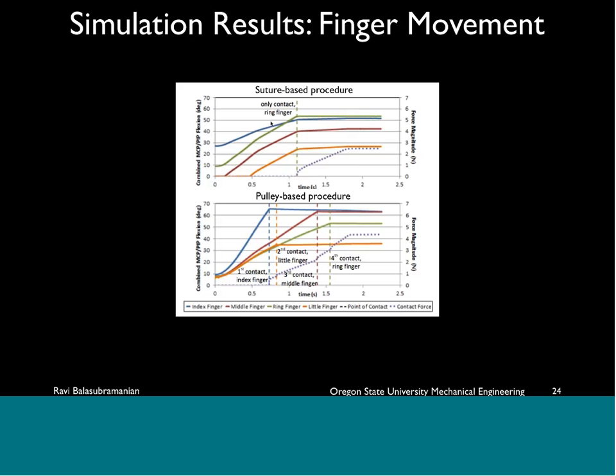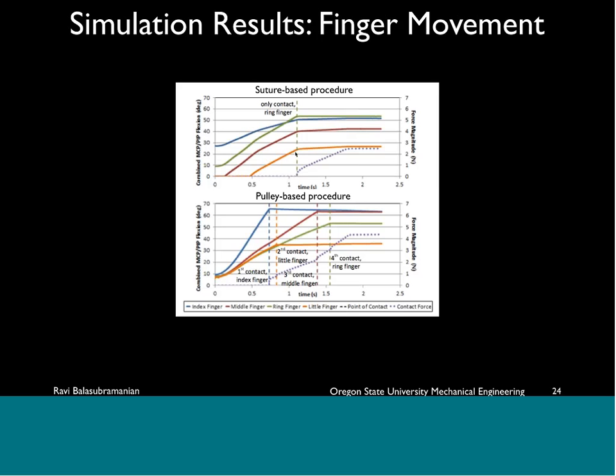Okay, here is just a snapshot of how the joint angles change during the grafting process. On the x-axis we have time, and on the y-axis we have the combined joint angle change for each finger.